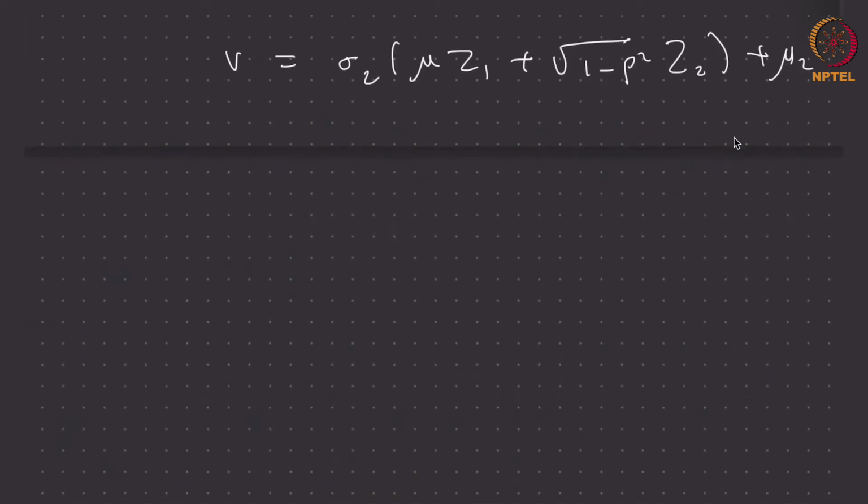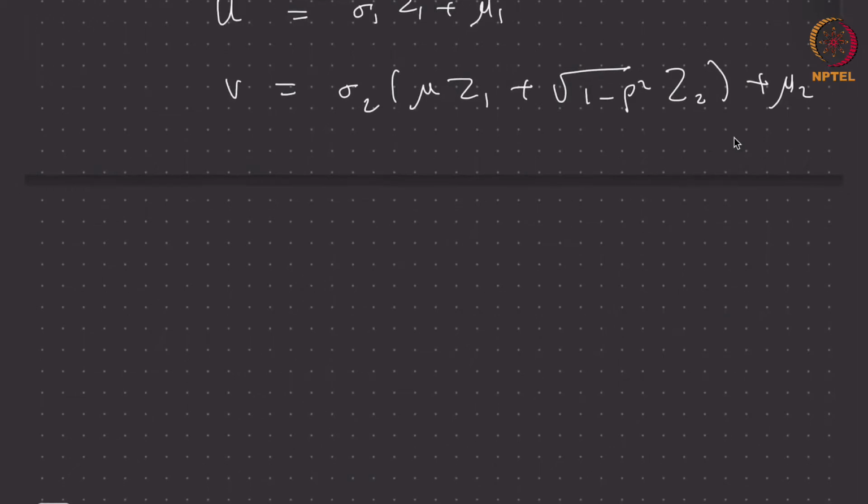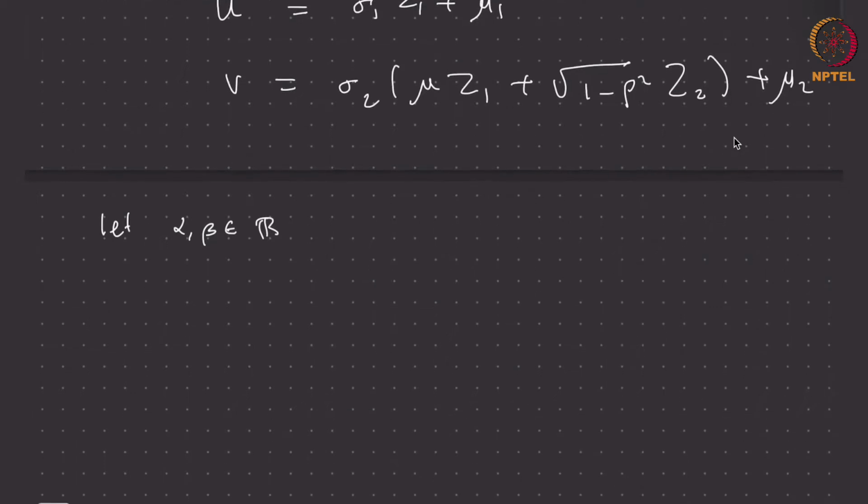So the first thing to observe is the following. Let alpha and beta be elements of R. Then let's look at alpha times U plus beta times V. What's that going to be?